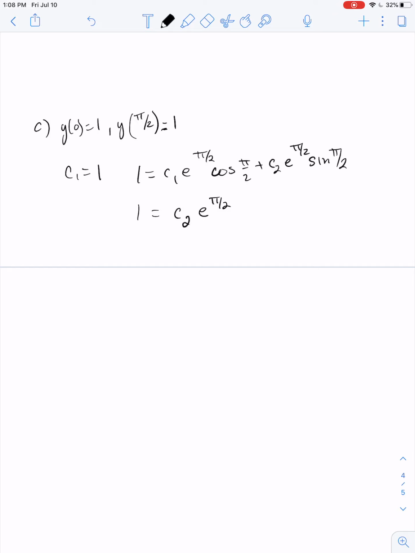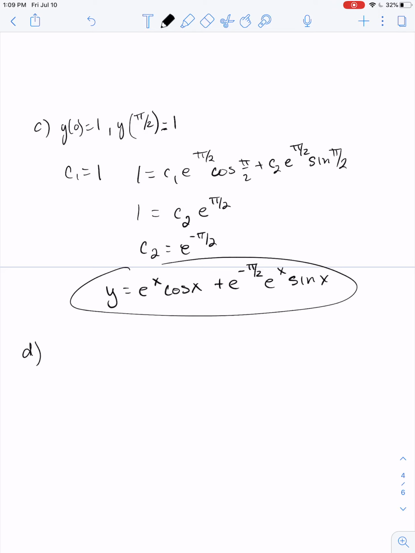So C2 is equal to e to the negative pi over 2, and then we do get a solution again: e to the x cosine x plus e to the negative pi over 2 e to the x sine x, and there's a solution for that one.